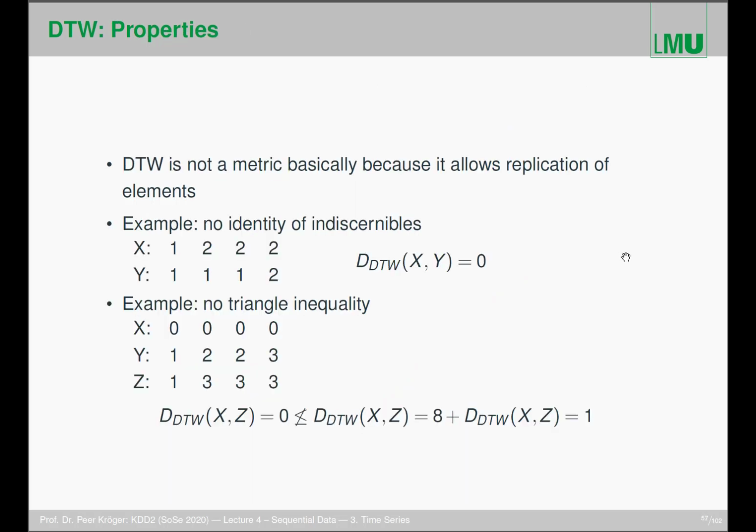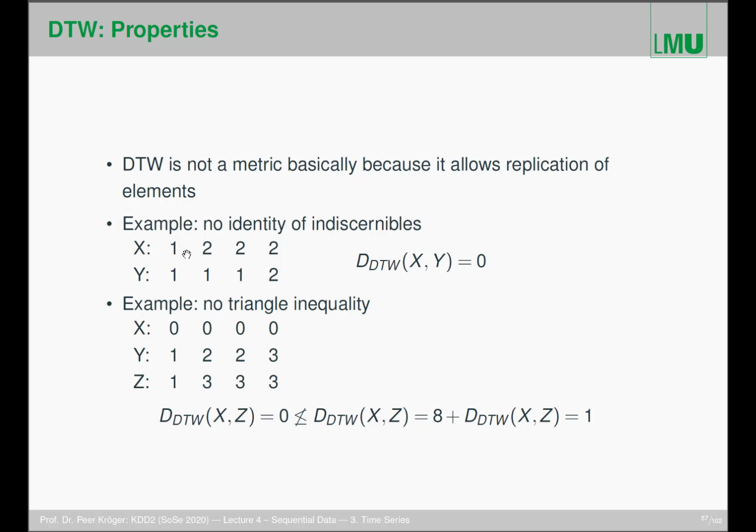Some properties here. Dynamic time warping is typically not a metric, basically because it allows the replication of elements. Here's an example. There's no identity of indiscernibles. The dynamic time warping distance of this x and this y is 0, even though they are not similar. We compare this one with this one, 0. Then we warp y and stay with x, so we compare the one here and the one here.